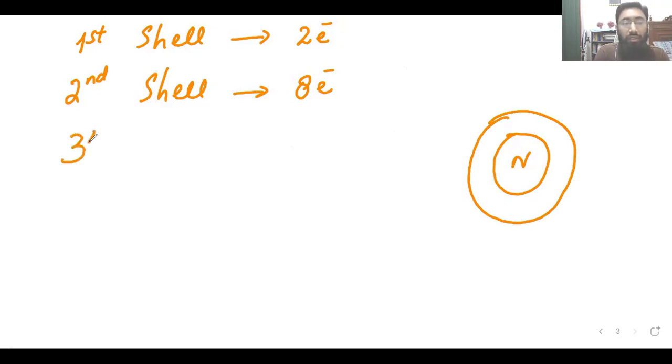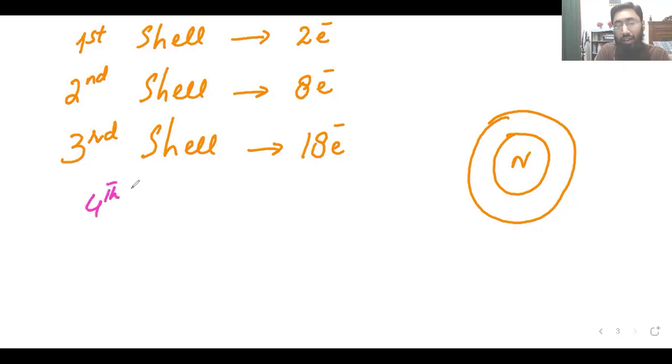Then there is the third shell, and it can accommodate a maximum of 18 electrons. Then there is the fourth shell, and that fourth shell can accommodate a maximum of 32 electrons.